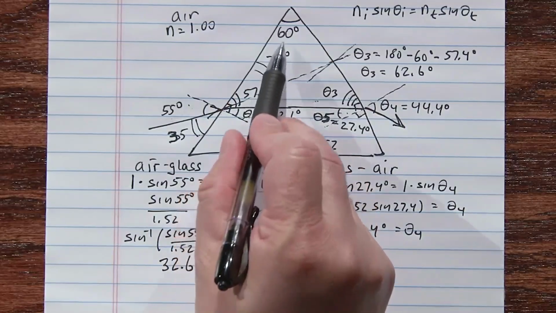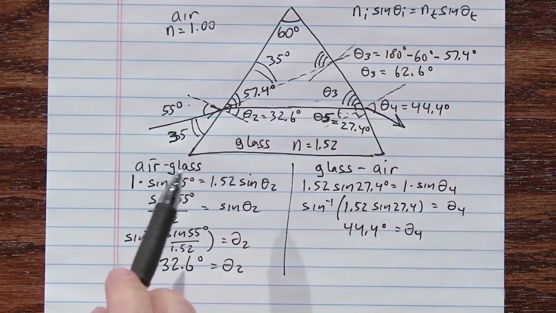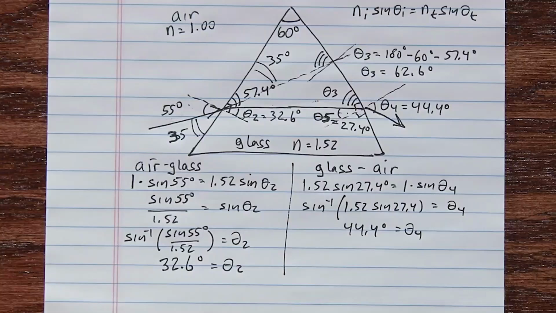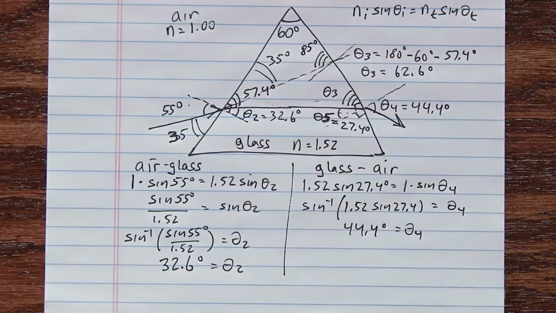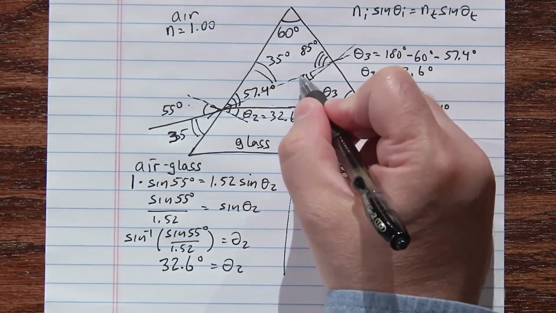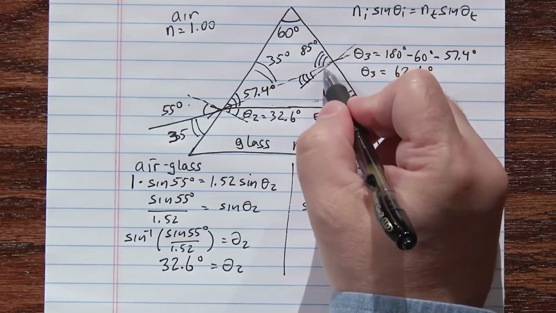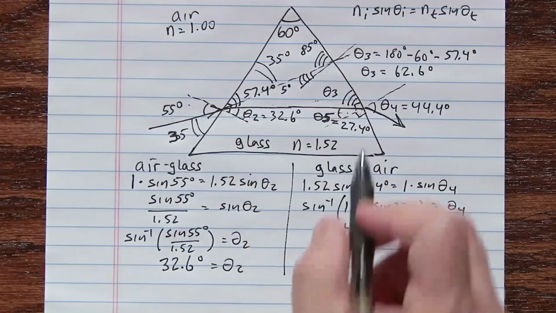If this angle is 35 degrees and this angle is 60 degrees, then the angle over here is going to be 180 minus 60 minus 35. This is going to be an 85 degree angle. And that leaves us with this angle in here, which is going to be 90 degrees minus 85, or 5 degrees.